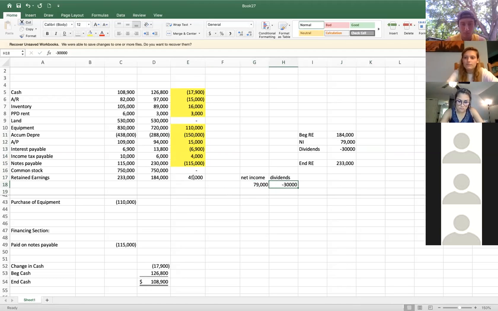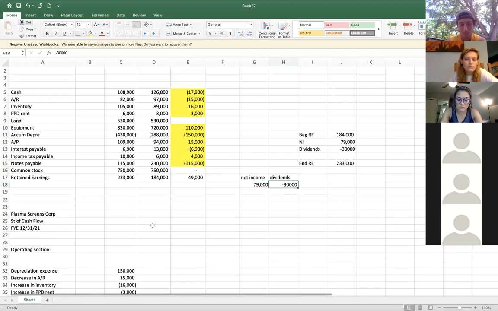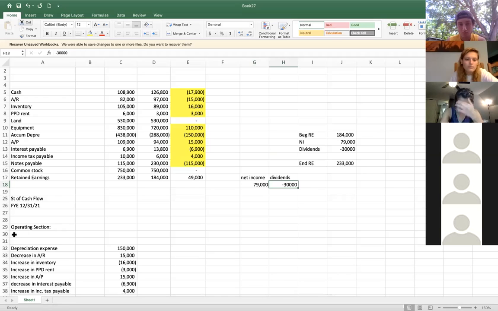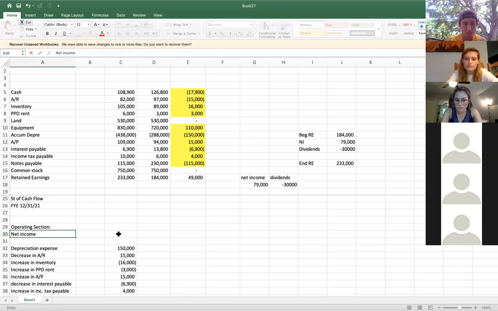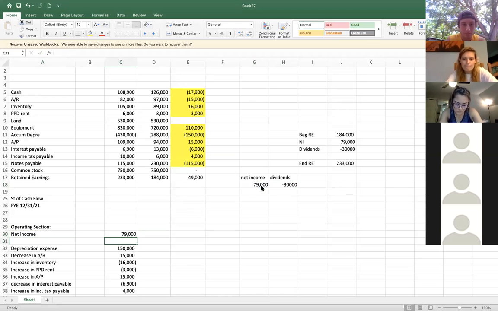The net of these two is 49,000. So now let's put these two pieces of information into the statement of cash flows. Net income is your starting off number. And net income is 79,000. Goes in the operating section.